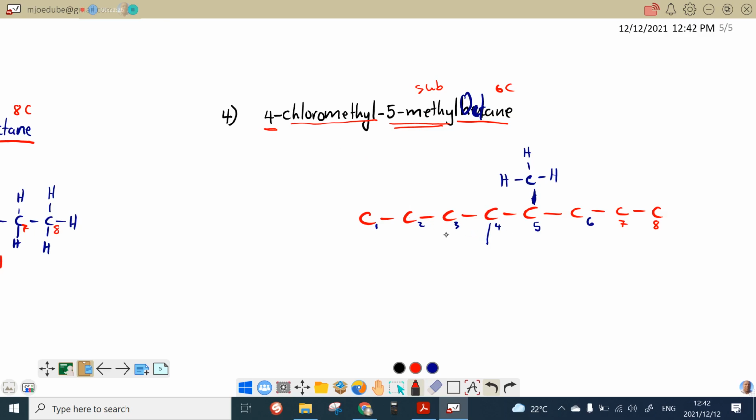And then carbon number 3 and number 5 here. So this will be your 4-chloromethyl. So you'll have the chloro group here on the chloromethyl, that's carbon number 4, and then from there you would be able to write it this way.